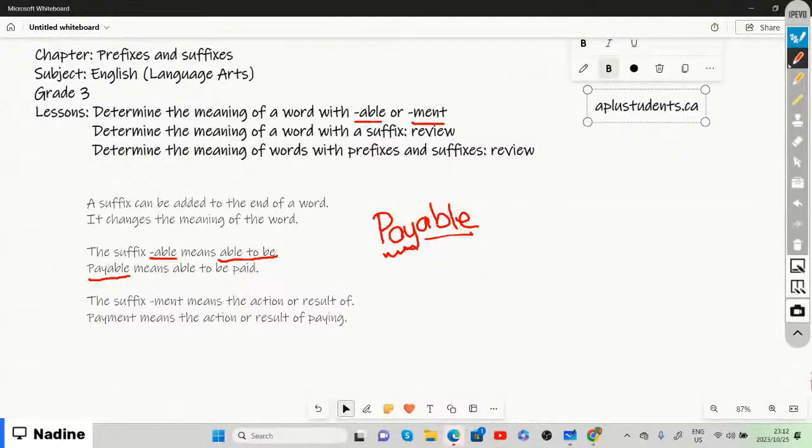So payable means you should be able to pay the amount by the end of the month as agreed. So that is payable, meaning that it is able to be paid, or you should be able to pay whatever is, for example, outstanding. And like we say, pay is our root word, or we call it the base word.